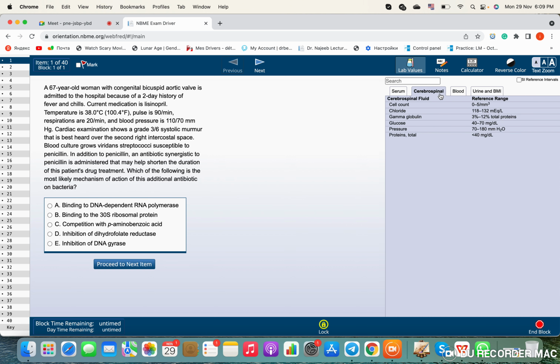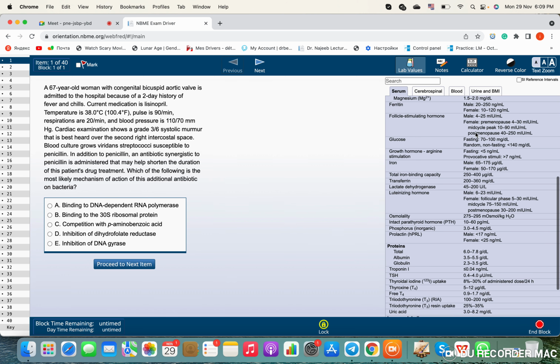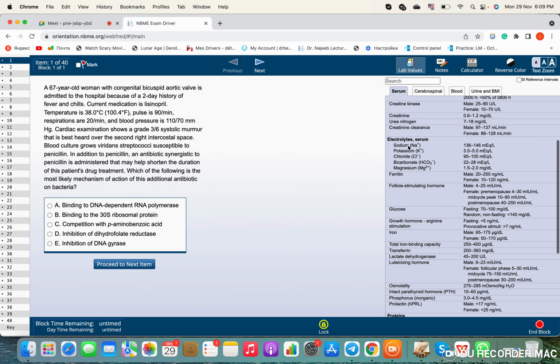Just to go over some stuff, I want to show you the following. Here you can see the electrolytes. This is your inquiry. The question was, what is a normal potassium level, sodium level, chloride level, and other electrolytes for the USMLE? You don't have to memorize that. Memorization is not for the USMLE, basically.